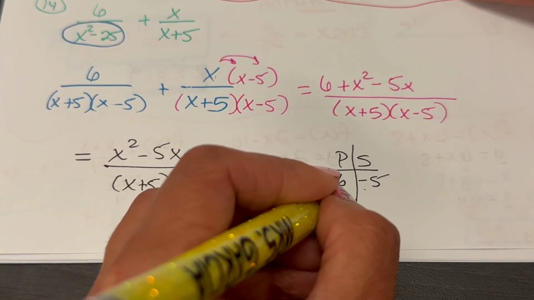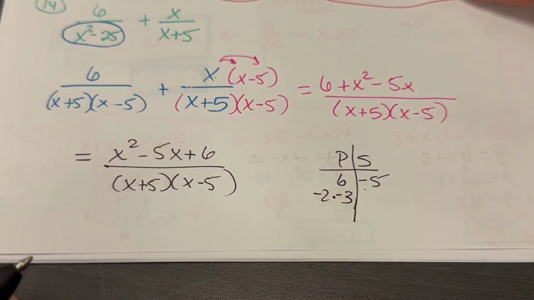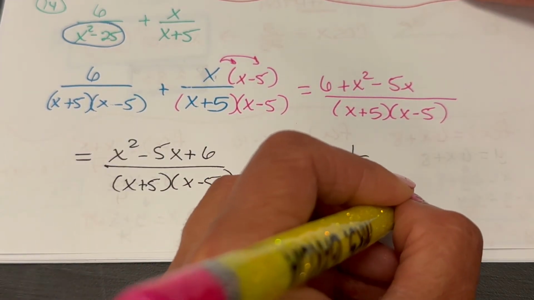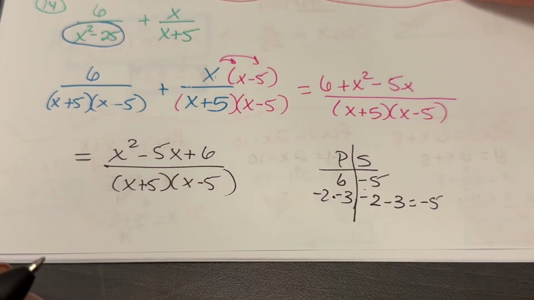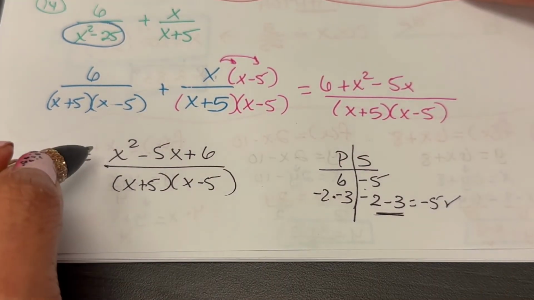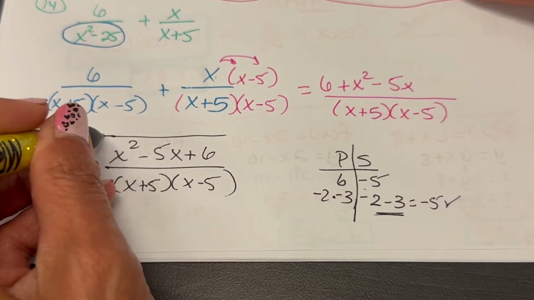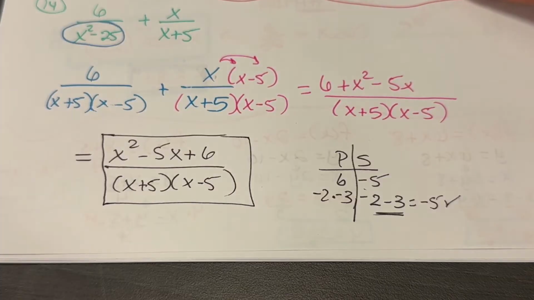So -2 times -3 would work. That multiplies to +6, and -2 minus 3 adds up to -5. So these are the droids I'm looking for. So that would be x minus 2 and x minus 3, but that's not going to cancel with anything down there. So I'm just going to leave my answer like this. You could type that into the box. And that was number 14.